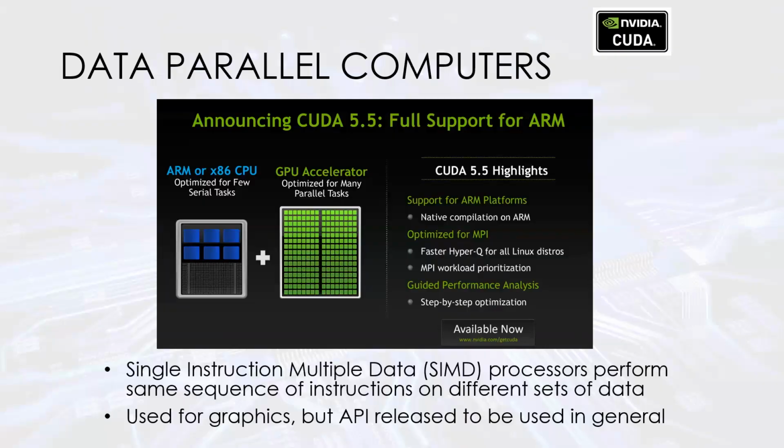Even though these cores are quite a bit slower than your CPU might be, your CPU might be running at gigahertz versus your GPU at a few hundred megahertz. I think modern ones are getting into the low gigahertz, which is pretty fast, but these GPU cores are going to be slower than your CPU core for sure.